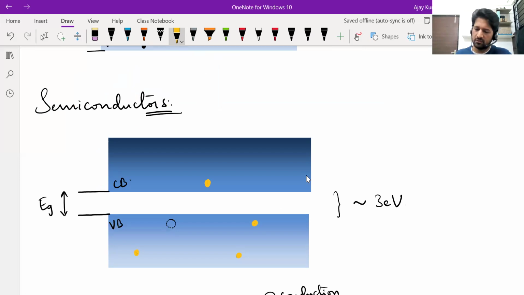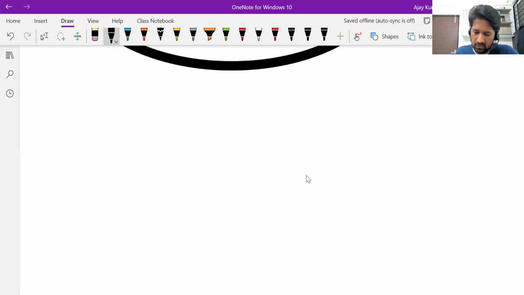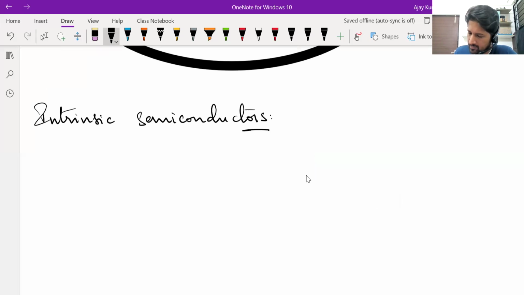When an electron jumps into the conduction band, it creates an electron-hole pair. However many conduction electrons there are, that many holes will be there. Such semiconductors are called intrinsic semiconductors or elemental semiconductors. The best example is silicon.